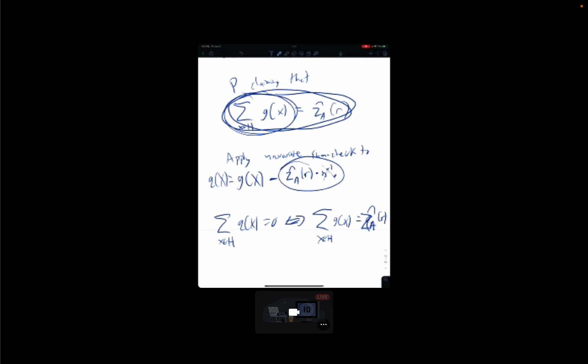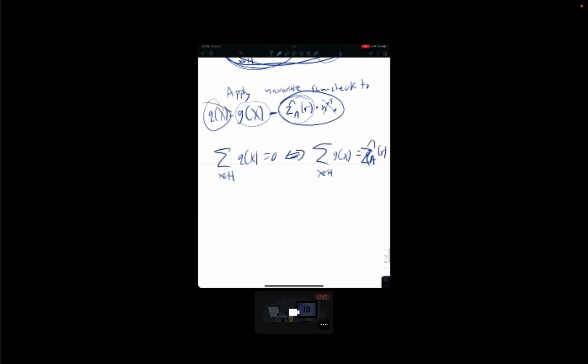We're just subtracting something from G so that G sums to ZA hat of R if and only if Q sums to zero. So that's it. You apply univariate sum check to this Q.